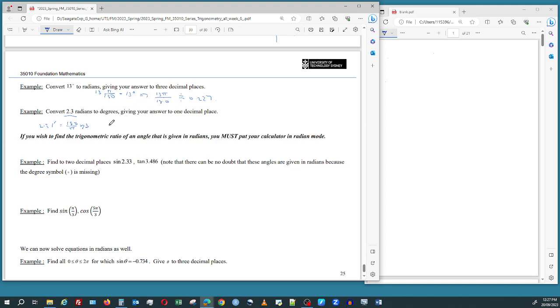Okay, so 2.3 will be equal to 2.3 times 180 over pi, and so that will approximate to 131.780. Okay, so it's possible to do the hand calculation using the unitary method.